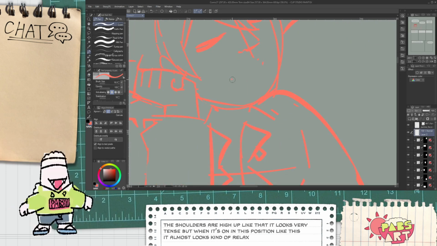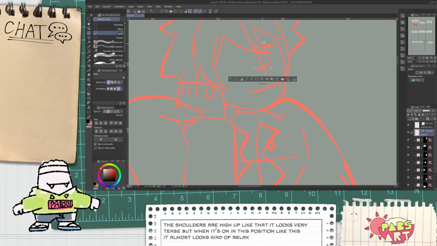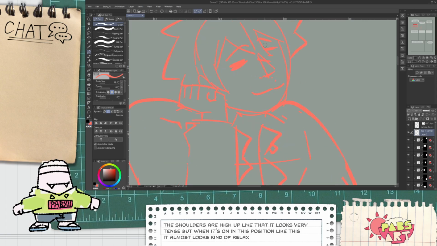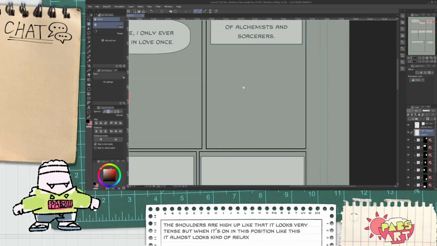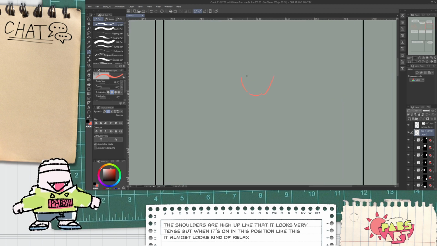I'm also gonna change the expression a little bit. Let me put the nose lower. Okay, and then this is going to be the younger version of the same character.